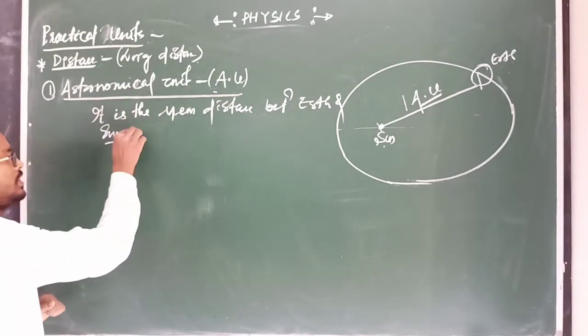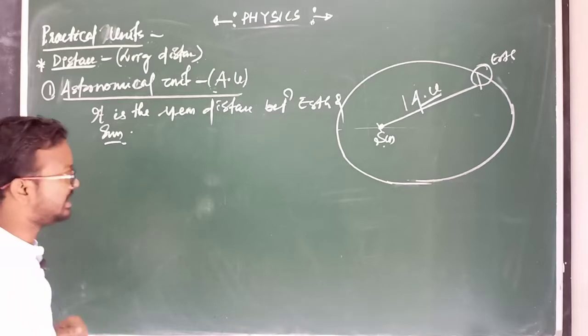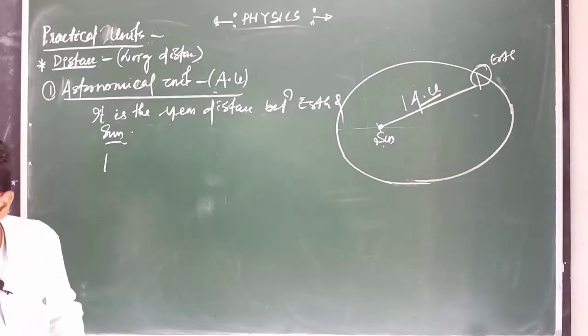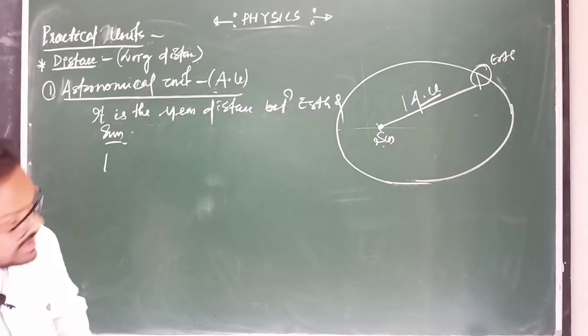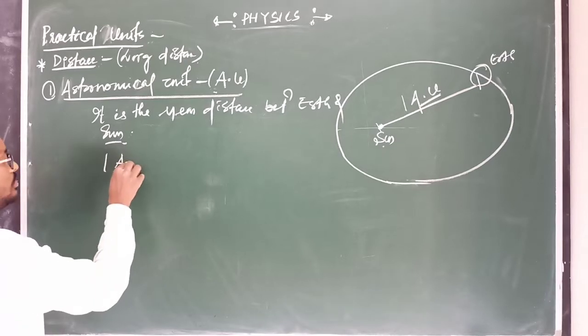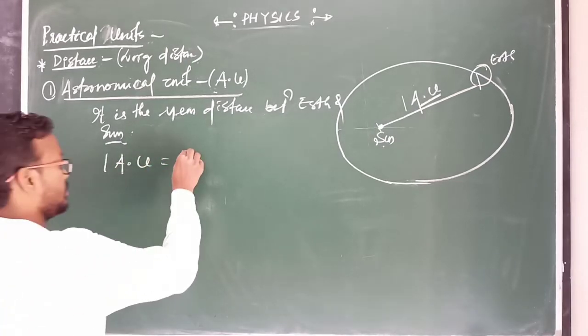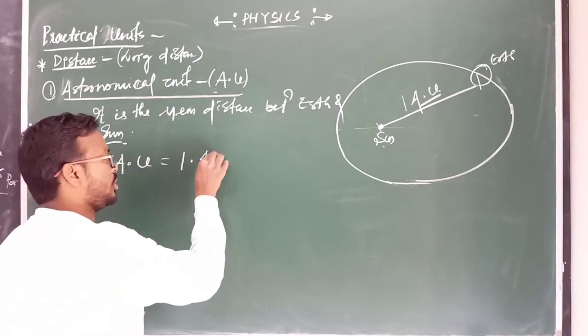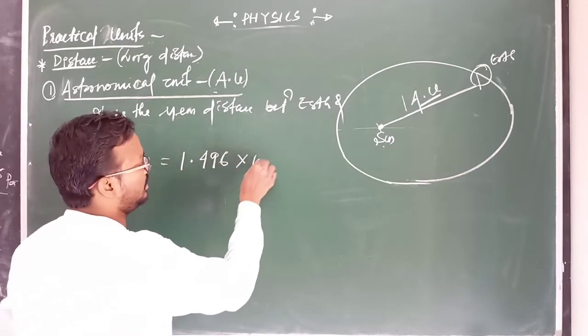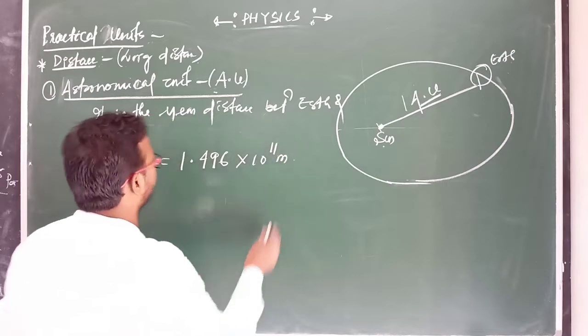You have to remember the value of astronomical unit: 1 astronomical unit, which is equal to 1 AU, is 1.496 into 10 to the power 11 meter.